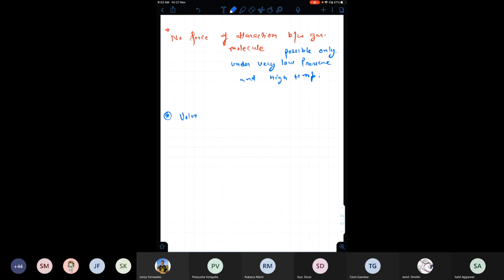Volume of gas molecules is negligible. Possible only at low pressure and high temperature. ठीक है?